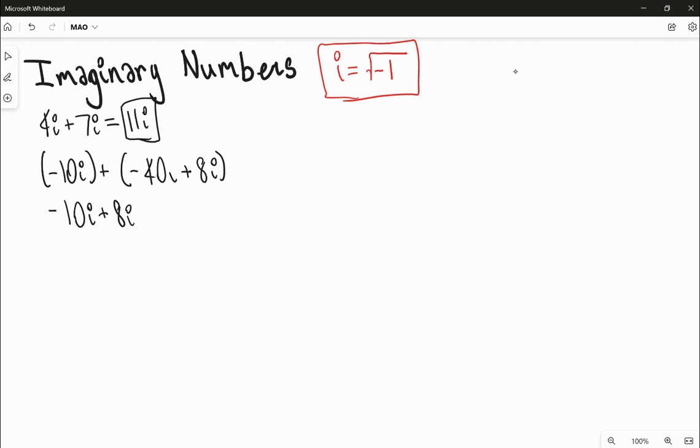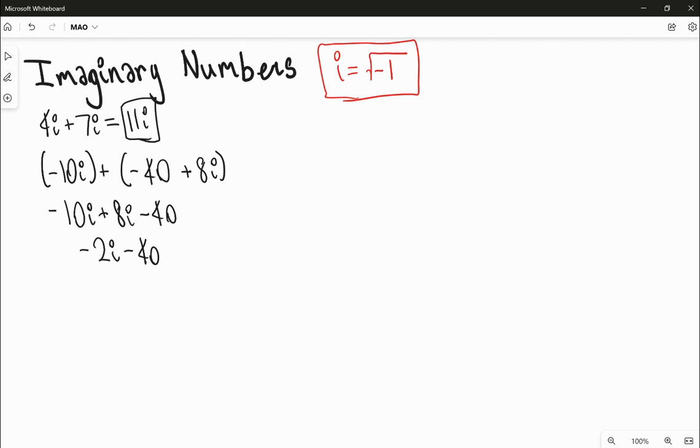Oh, let's make this 40, an actual 40, not a 40i. So you have -10i plus -40 plus 8i, sorry. And you move the like terms over, so you have -10i plus 8i minus 40. So -10 plus 8 is -2i minus 40.